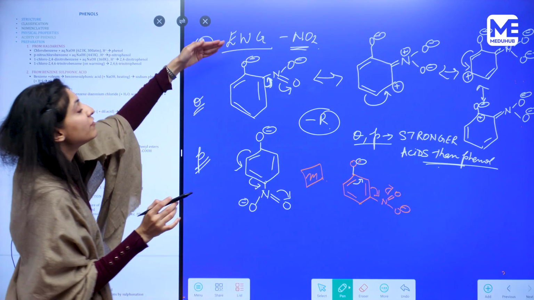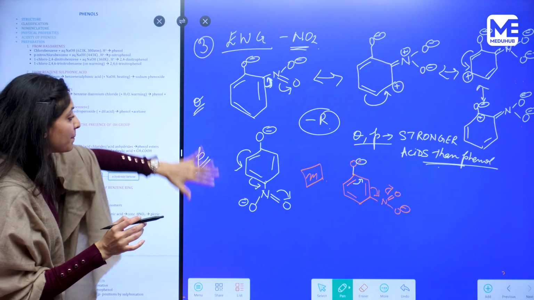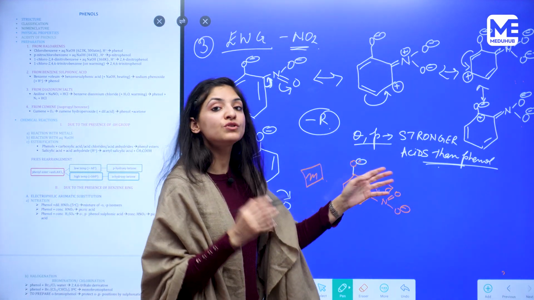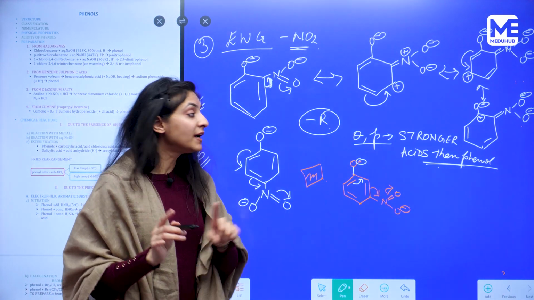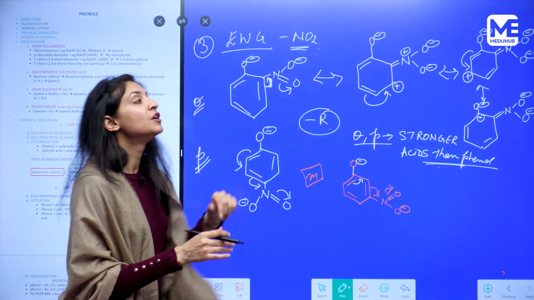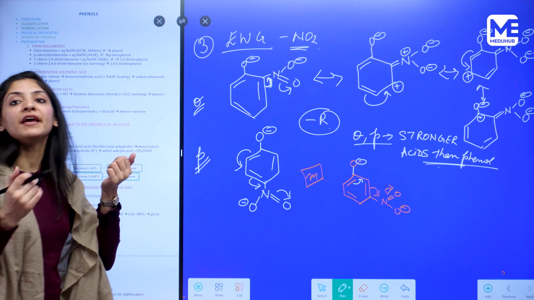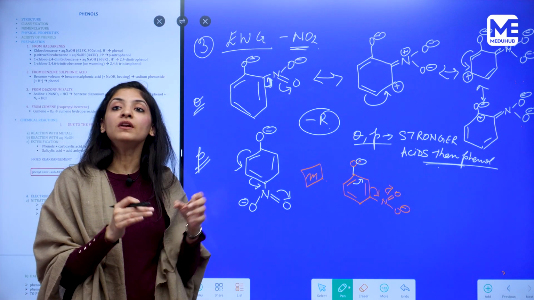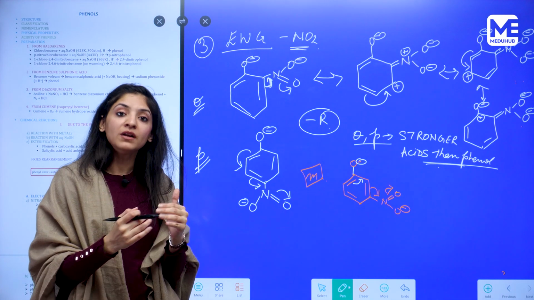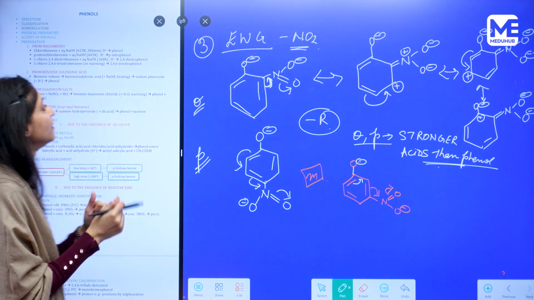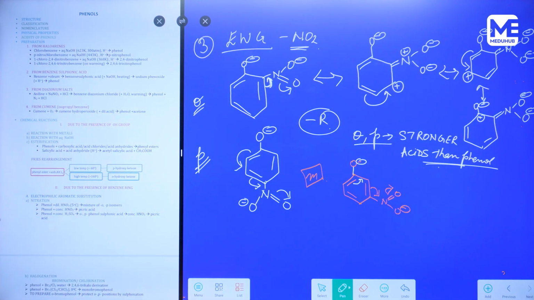But these two have a stronger stabilizing effect compared to the meta isomer. So the meta isomer is also stronger than phenol, but it is not as strong as the ortho and para isomers. So a substituent like NO2 makes the substituted phenol a stronger acid than a normal phenol molecule. So this is it about acidity of phenols.